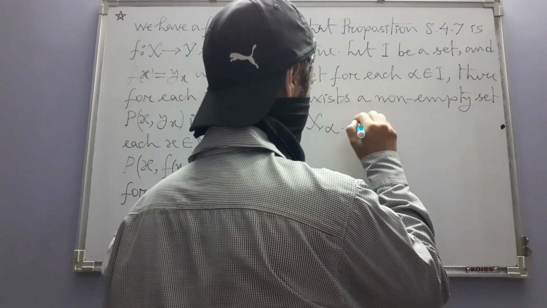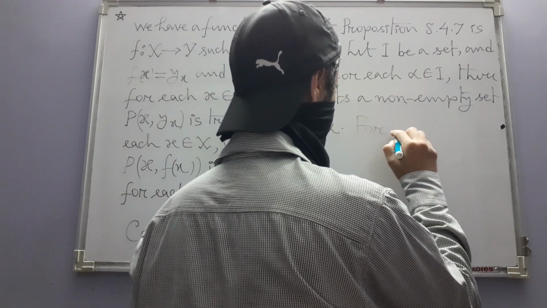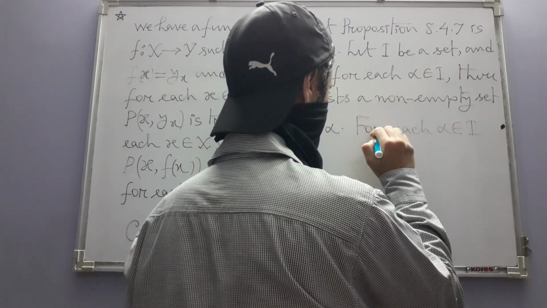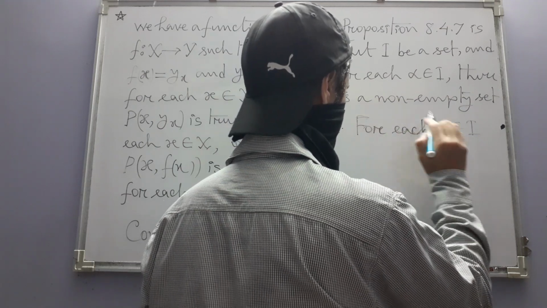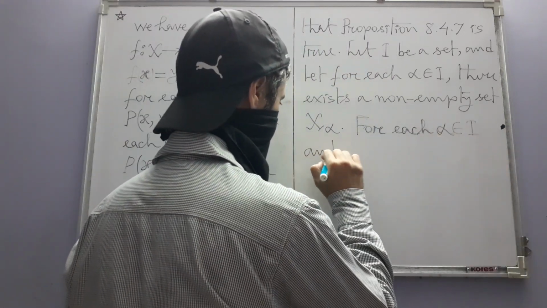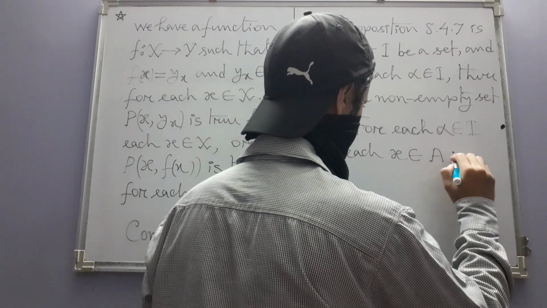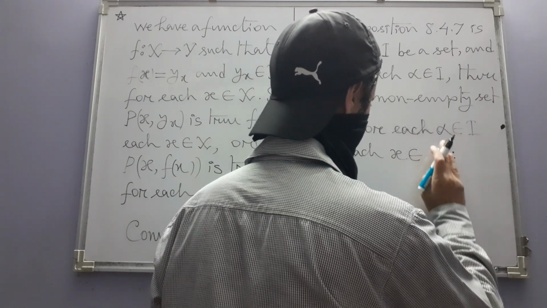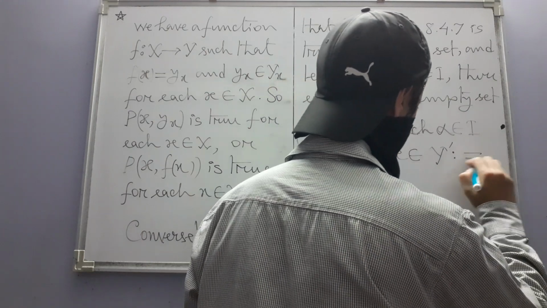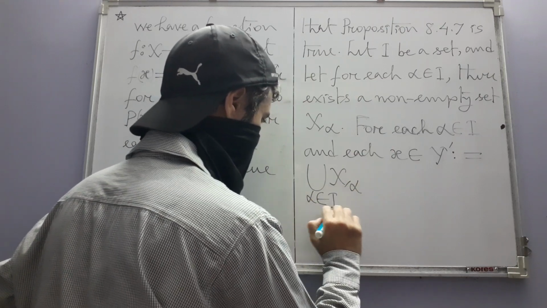For each alpha in I, and each x in Y prime, where Y prime is the union of all the sets X alpha, as alpha varies over I, of course.